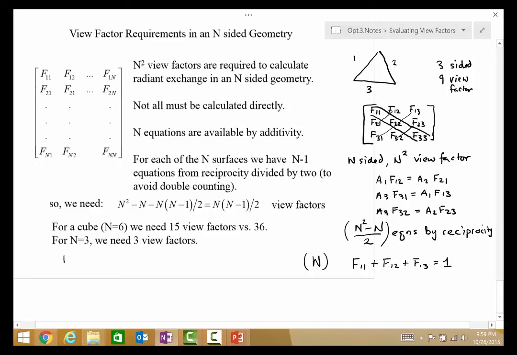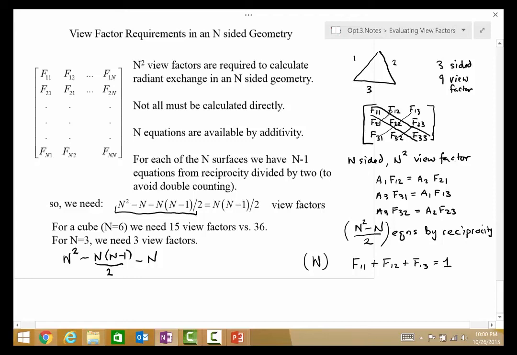When we subtract this off from the total, we have n squared unknowns, and the number of equations is n times (n minus 1) over 2 from reciprocity plus n from additivity. So n squared minus n times (n minus 1) over 2 minus n, which you can simplify to n times (n minus 1) over 2 view factors.